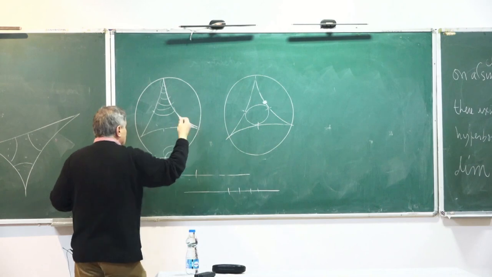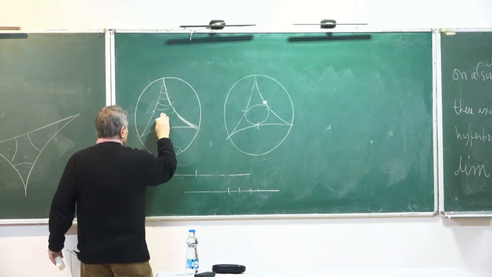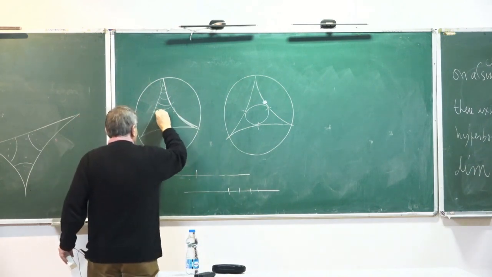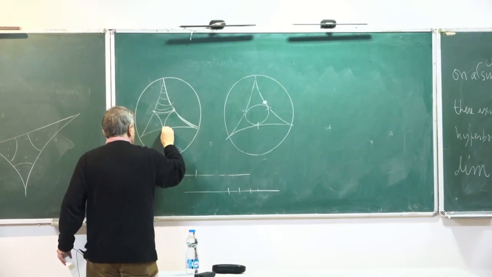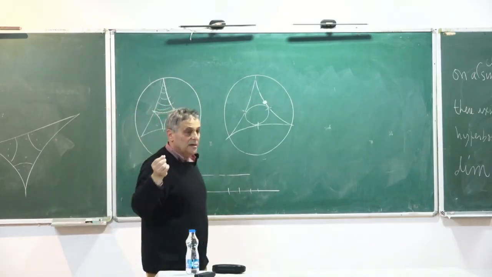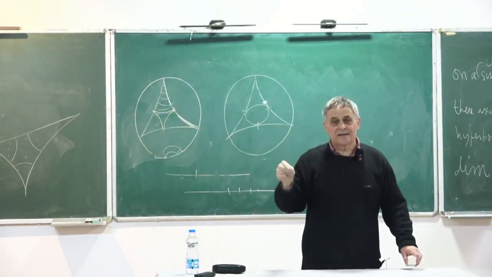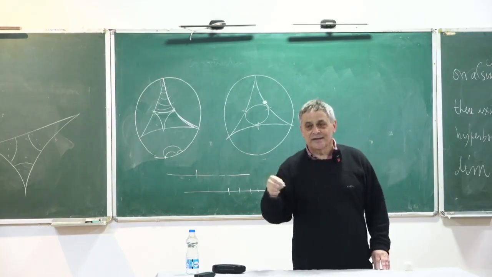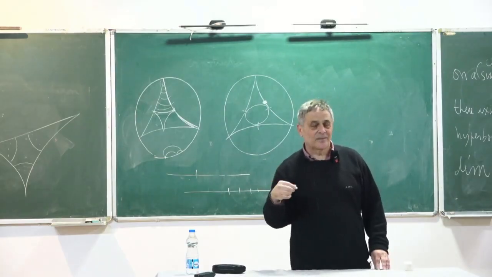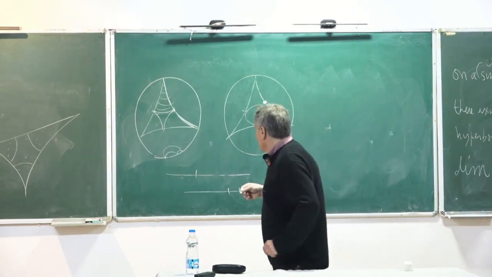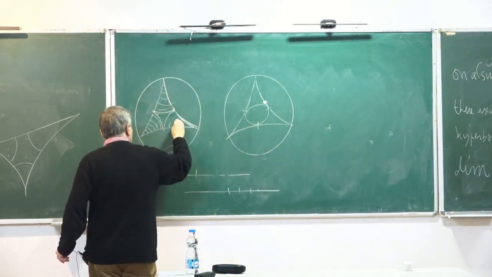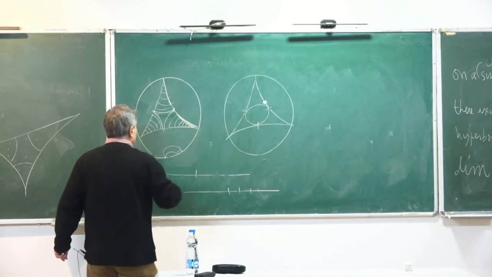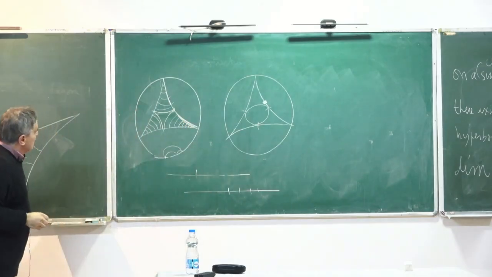Now, by the naturality of the real world, these 3 points here are the same as the points where the inscribed circle touches. So instead I have these pieces of horocycles.